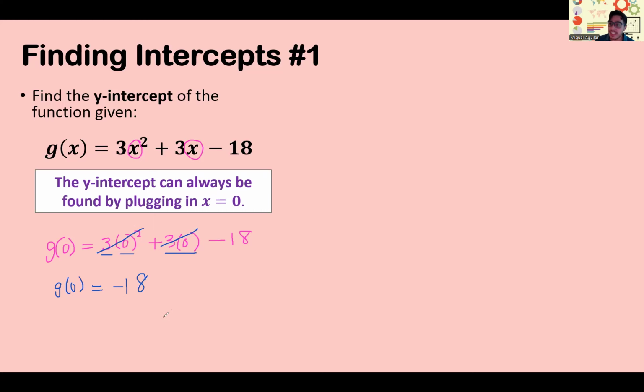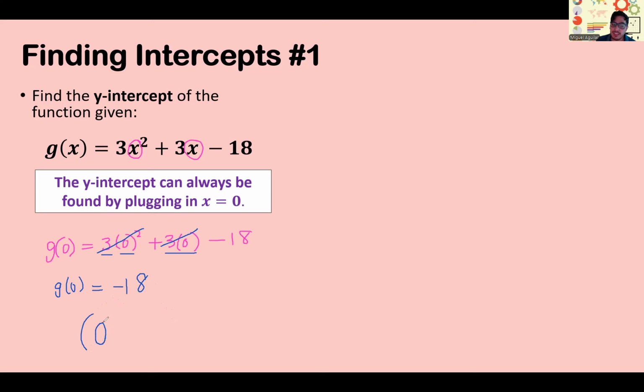If you are kind of insecure, and there's nothing wrong with being a little bit insecure at times, if you're a little bit nervous, go ahead and type that whole thing into the calculator. Either way, you're going to get that negative 18. So the y-intercept has two coordinates. It has an x value, it has a y value. What's the x value that we just used? 0.